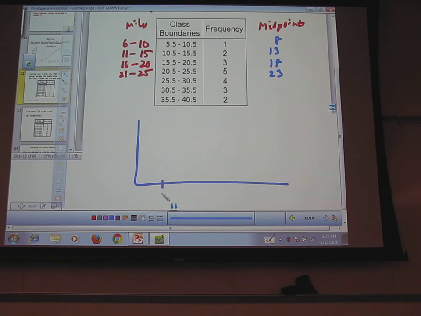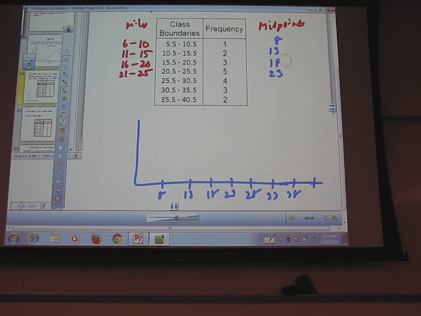My midpoints are going to be 8, 13, 18, 23, 28, 33, and 38. All right. So then I'm going to go above these. Let's mark out my frequencies. I need to go as high as 5.